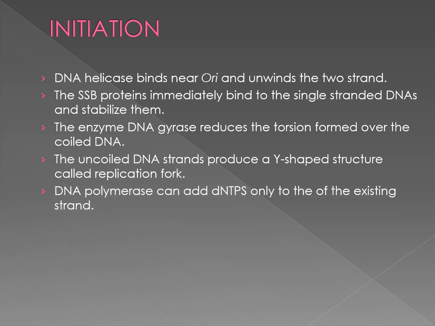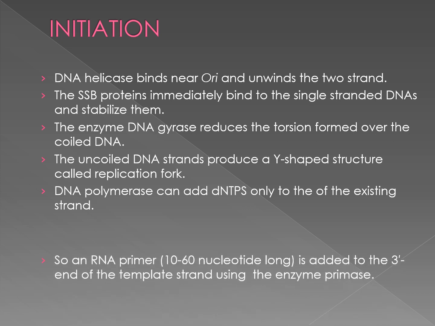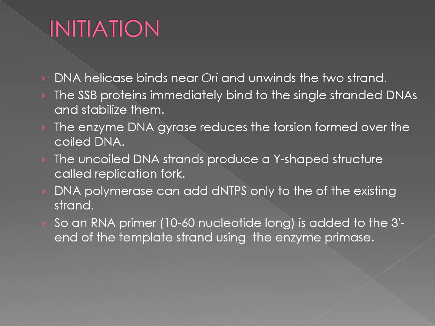Then the DNA polymerase can start the work, but the problem is it cannot add the nucleotides in an empty place. So the enzyme primase will come, which will produce an RNA primer which is about 10 to 16 nucleotides long. To the 3' end of the template strand, a primer will be added.